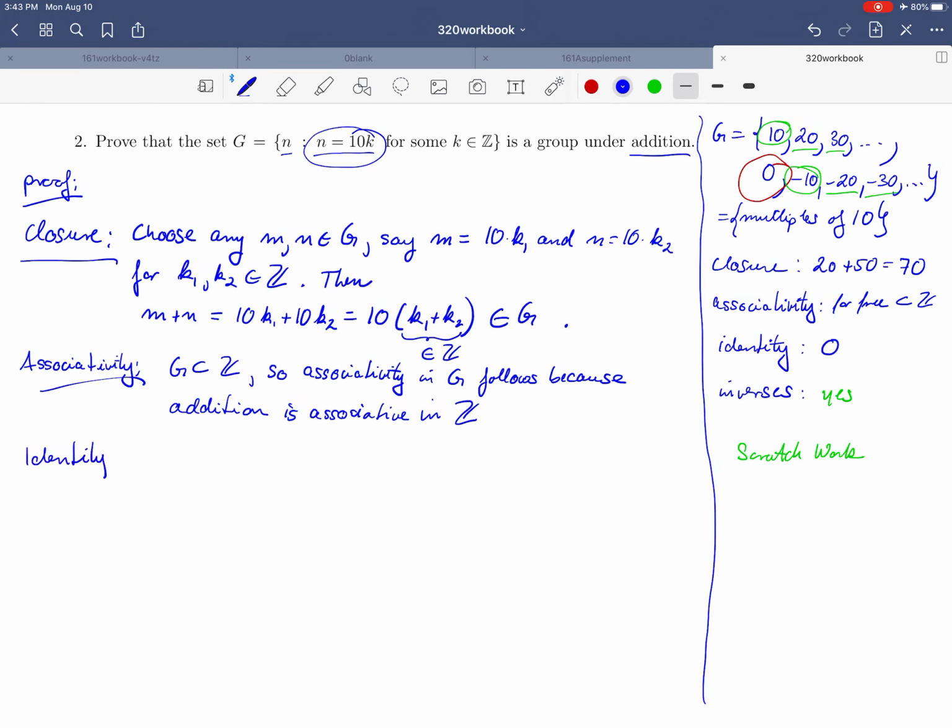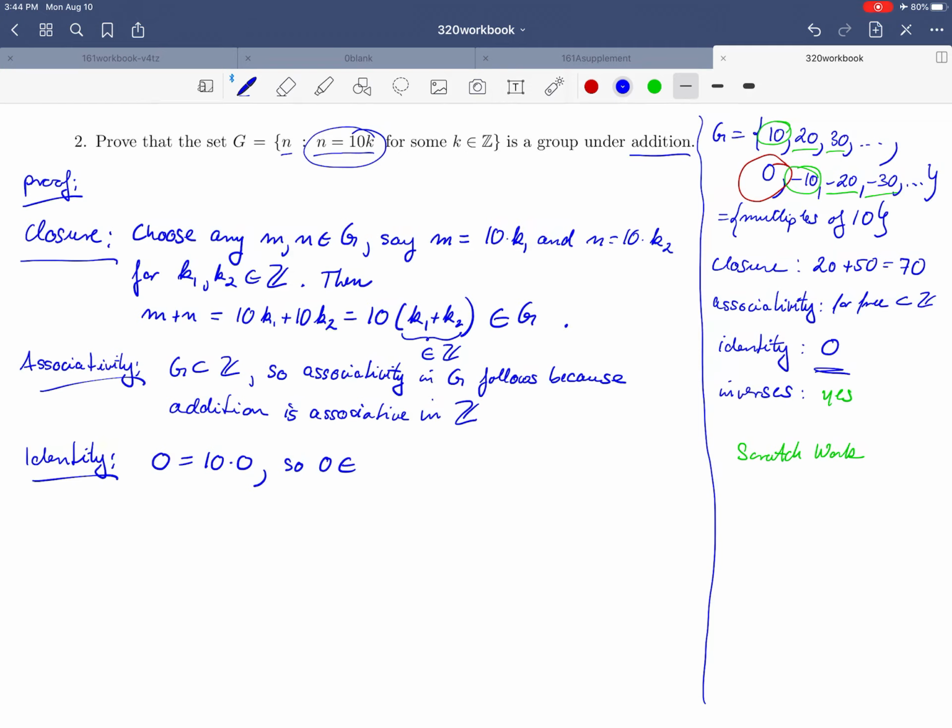Now the identity. What do we need to show? We need to find it first, and we already identified it as 0. So what's there to say? Well, 0 is equal to 10 times 0. And so since we can write 0 as a multiple of 10, it lives in our group.